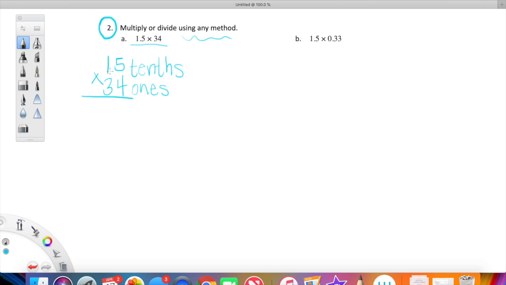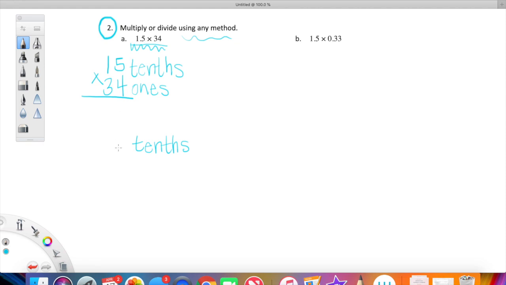What you would do here, friends, is multiply your double digits, and then for your final answer, you'll have to consider tenths and ones. Tenths times ones is going to be tenths. That'll be our final unit, because we're making 34 copies of 15 tenths.